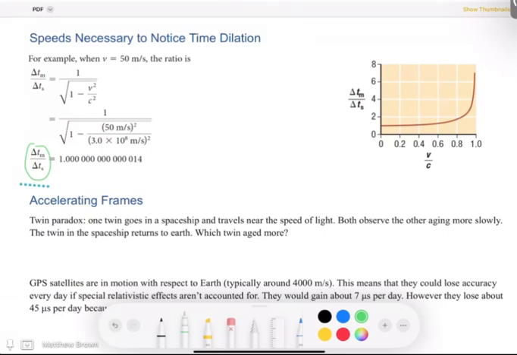So let's say you've got somebody going by in a car at 50 meters per second, which is pretty fast, about 170 kilometers an hour. How much slower does time seem to go if you're watching someone go by in the car, and they've got a clock?